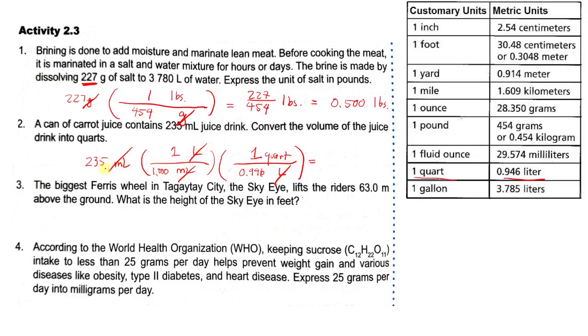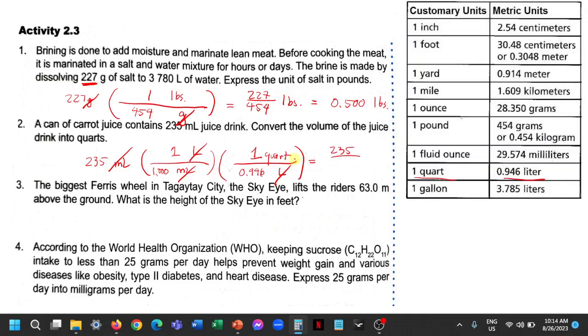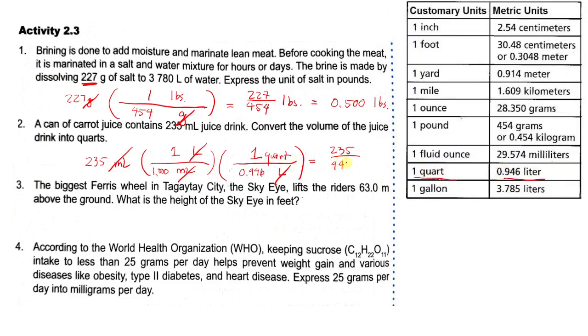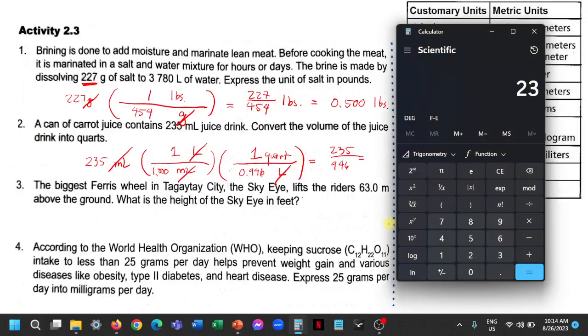Then for this, you solve this one: 235 times 1, 235, over 1000 times 0.946, which is 946. Then divide 235 by 946.